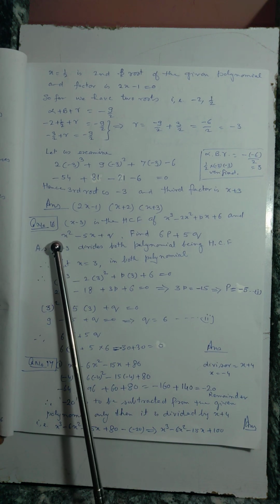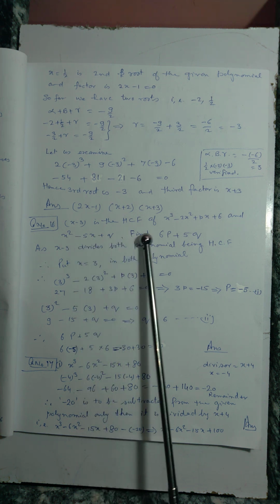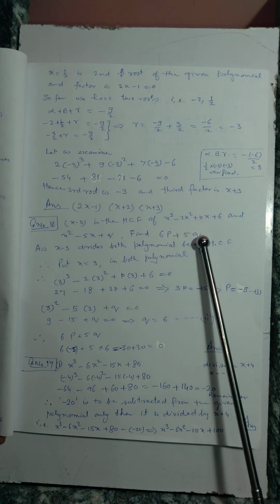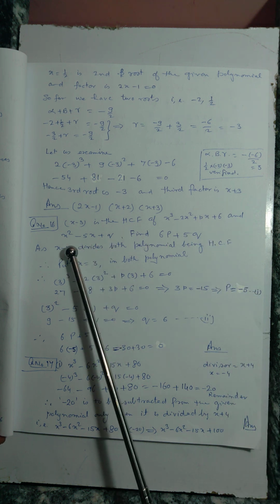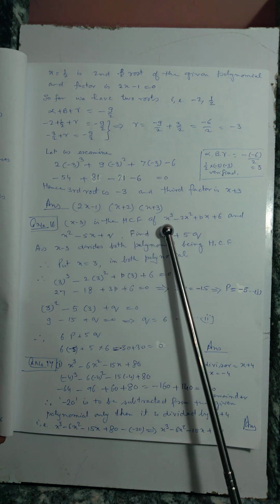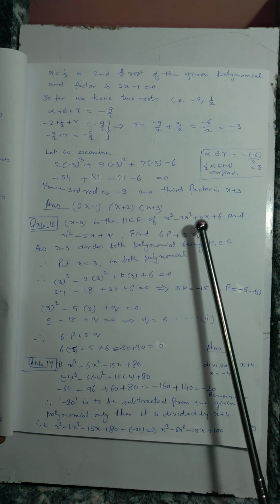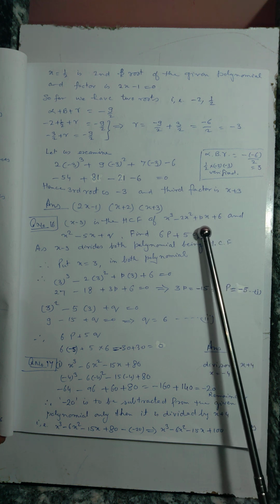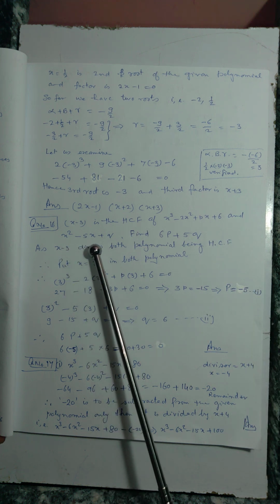Now proceed to question number 16. You see, x minus 3 is the HCF of x cube minus 2x square plus px plus 6 and x square minus 5x plus q.